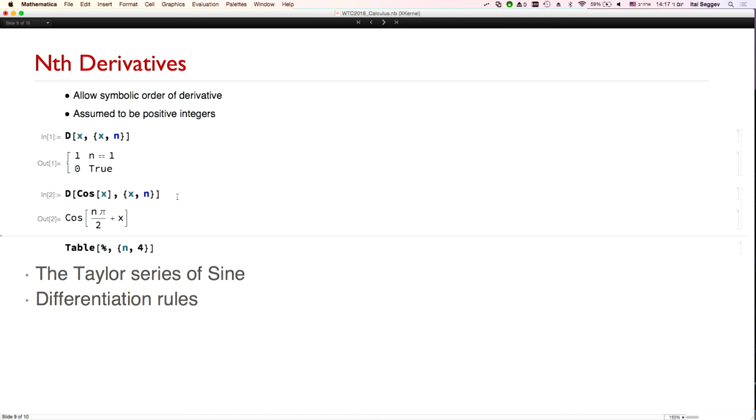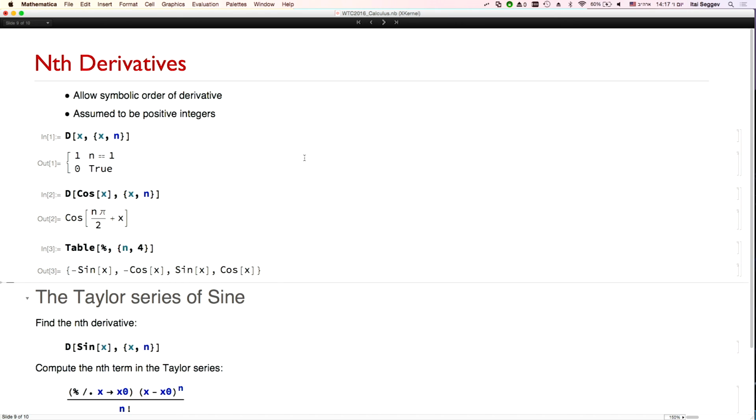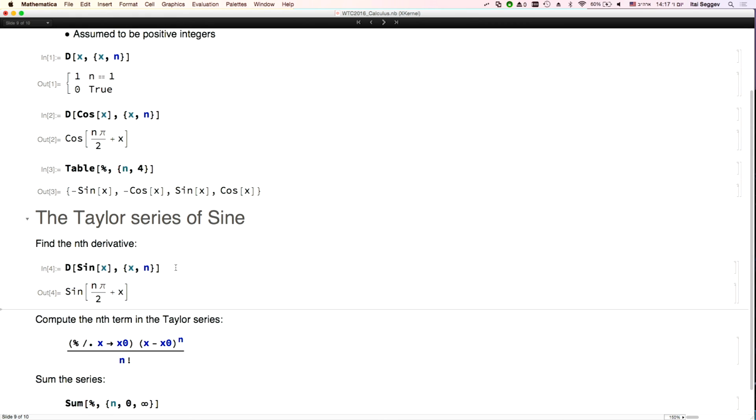For example, if you do cosine, then you get the n pi over 2 as you cycle between the 4 functions. And so there, if we make a table of values, we get the minus sine, the minus cosine, and all the way back to cosine. So a nice example of this is taking the nth derivative of sine.